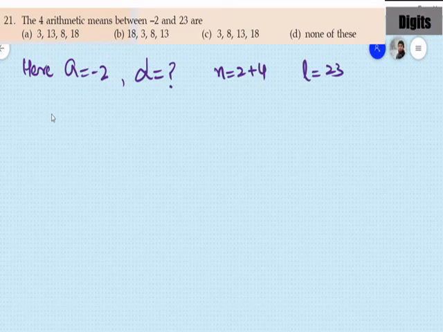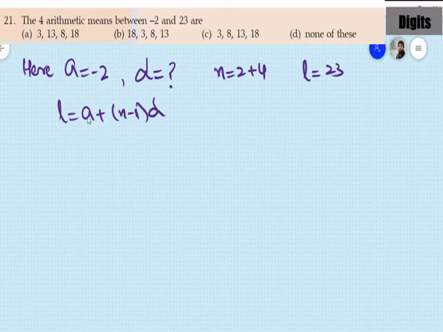Now we can say L is equal to A plus n minus 1 D, which is an.